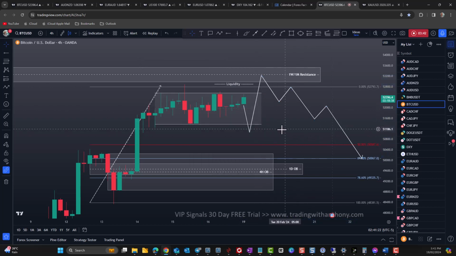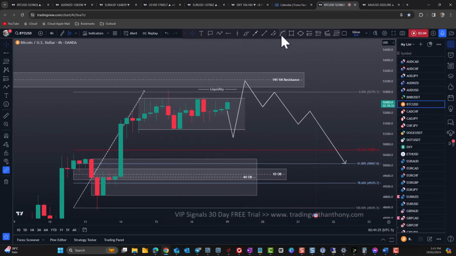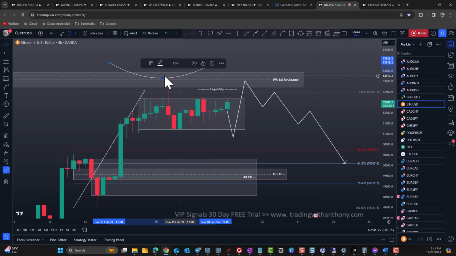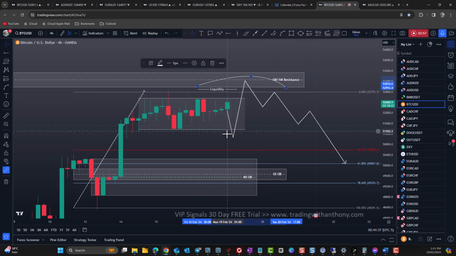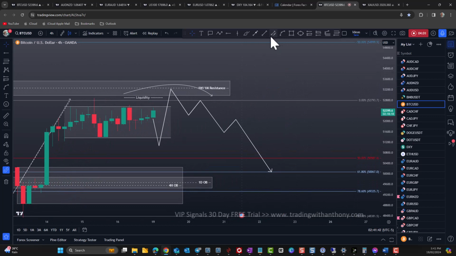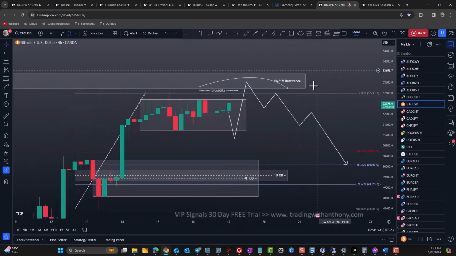So I'm going to be looking for the rotation. I mentioned this in a previous video, but always look, and this is on the lower time frame. Come down to a 15-minute or even a 5-minute chart, and look for this trend north, and then we look for when it shifts gears and we see it trending down.